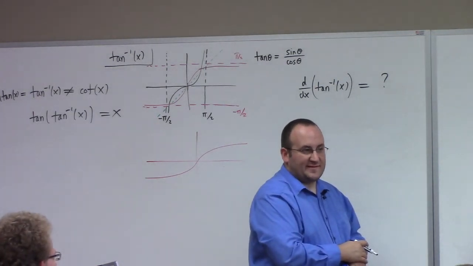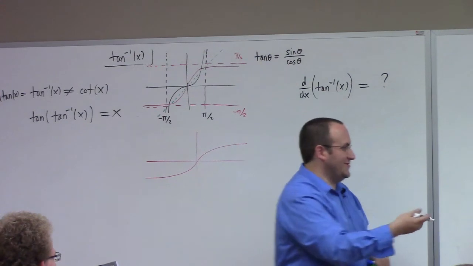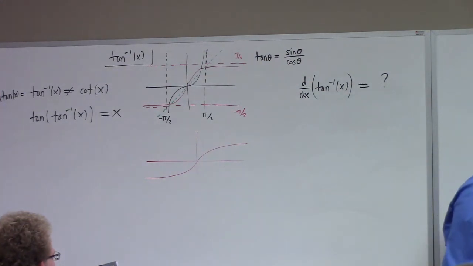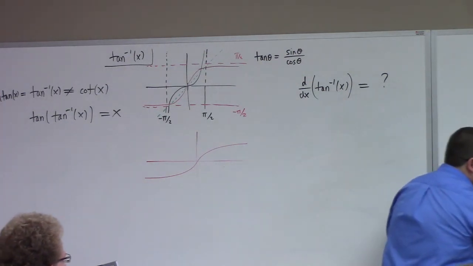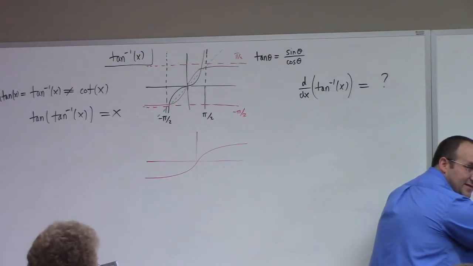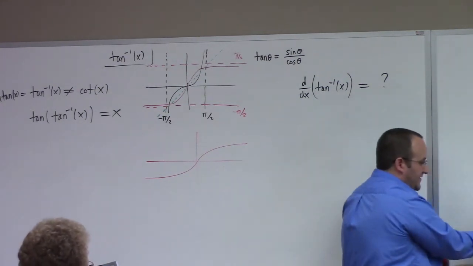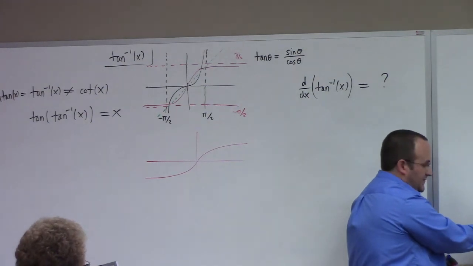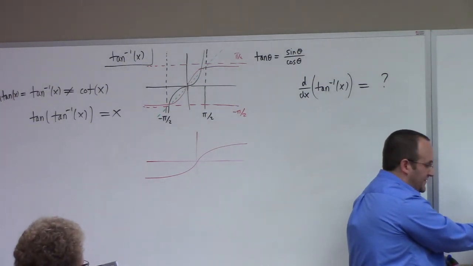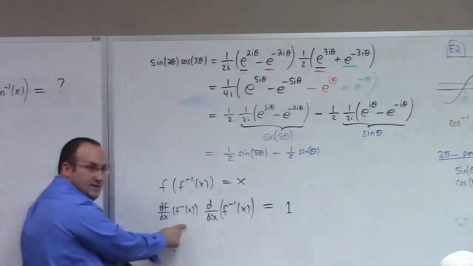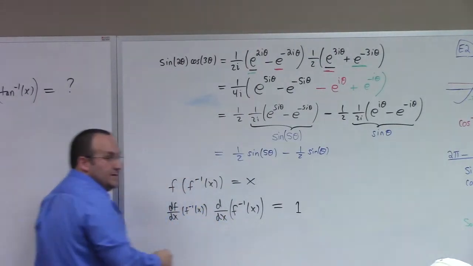What's the derivative of x? It's 1, right? So if your inverse function had a rate of change which was negative, the rate of change of your function at the corresponding value f inverse of x would also have to be negative, right? Minus minus gives you 1.